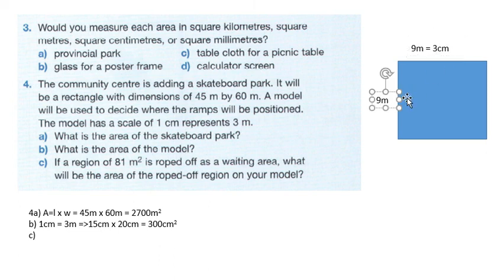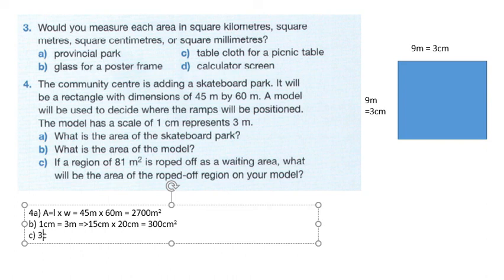So this tells us that each side is 9 meters in real life and 3 centimeters in the model, this section here. So if in the model this is 3 centimeters by 3 centimeters, then the area that's roped off would be the model area, which in this case would be 3 centimeters times 3 centimeters, which equals 9 centimeters squared.